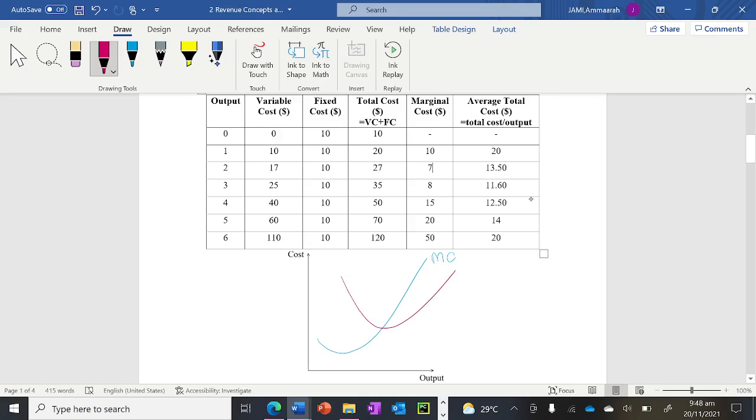It's gonna look like a U. That's usually what your average total cost graph looks like. ATC. That's what average total cost graphs look like. And this point here is where average total cost is at its least, its lowest point.